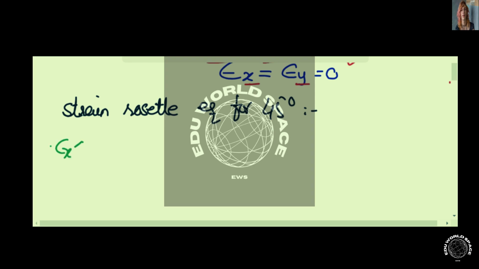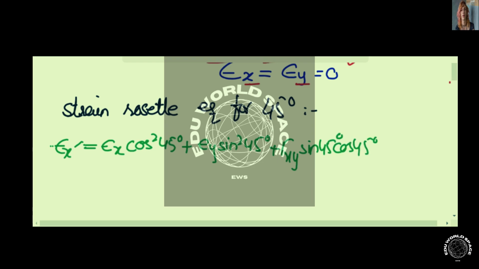We have the strain along the x dash direction, right? That is equal to the strain along the x-axis cos square 45-degree plus the strain along the y direction sine square 45-degree, plus we have gamma sub xy sine 45 cos 45, right?